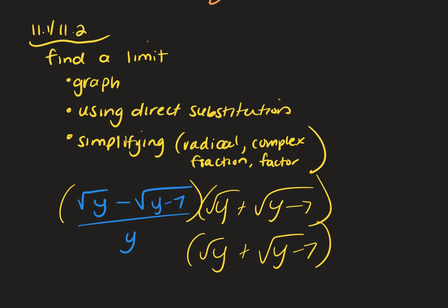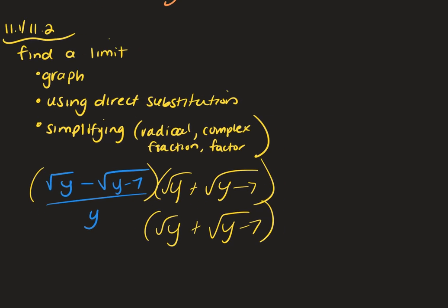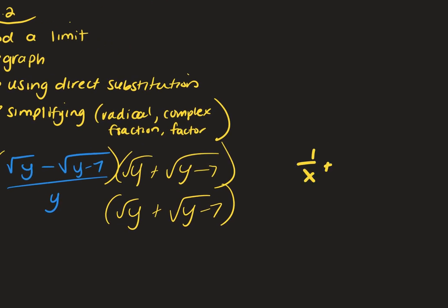And then complex fractions, where you had something like 1 over x plus 1 over x plus 2 over x, and you had to simplify by getting rid of those fractions. And then the factoring, which could be factor by grouping, difference of two squares, any kind of trinomial, all that factoring can get blended in together.